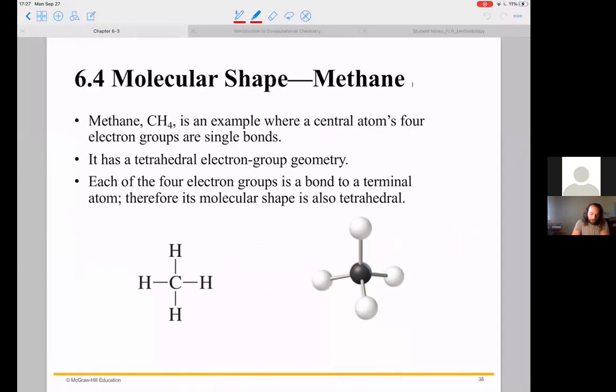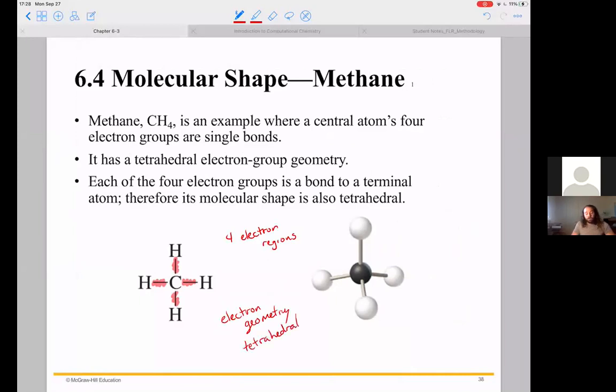So, for example, let's remind ourselves how we got the molecular geometry for methane. We said methane had 1, 2, 3, 4 electron regions. This corresponded to an electron geometry that was tetrahedral.